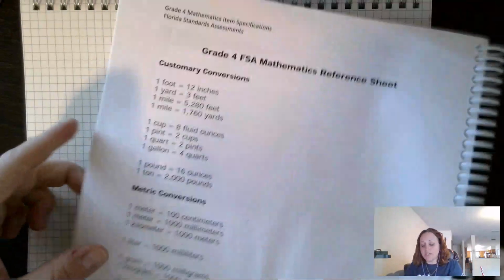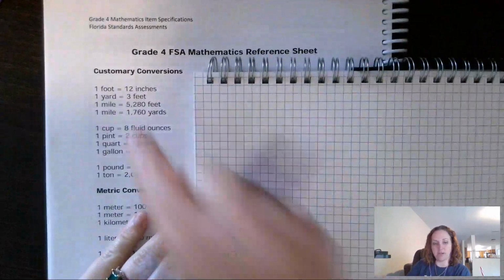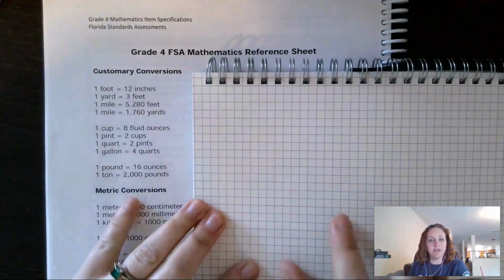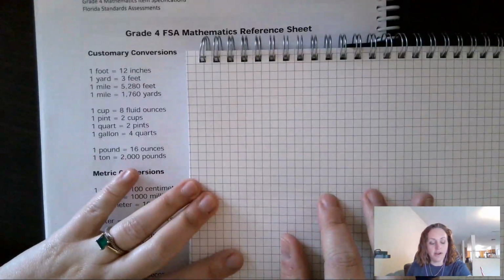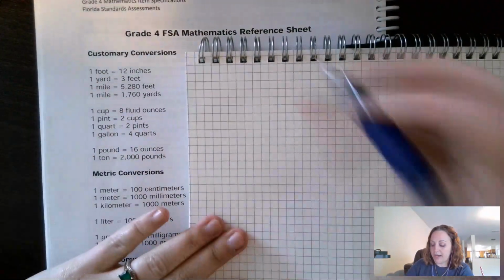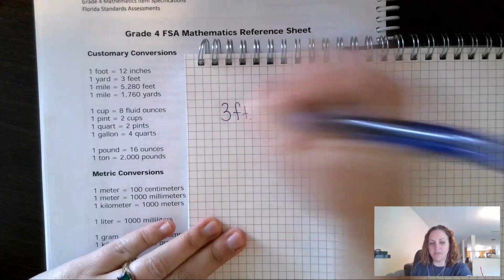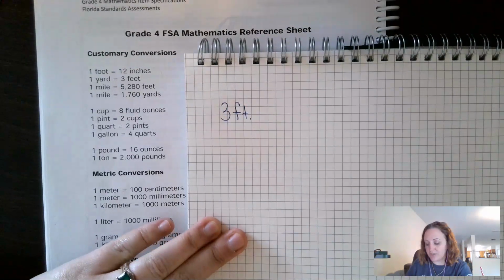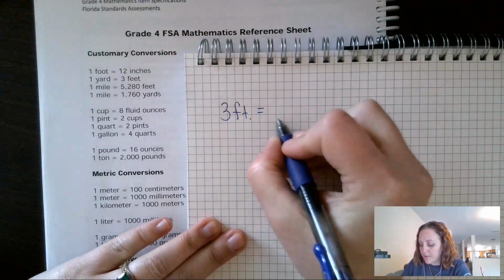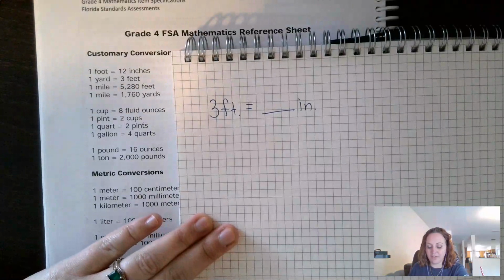So let's look at a few examples. I'm going to put my paper right here, so I'm looking at my measurement conversions with me. Again, I'm going to stick within the customary conversions for length. So if I have 3 feet, and it's almost always abbreviated, so knowing these abbreviations is good, and I want to know how many inches are in 3 feet.